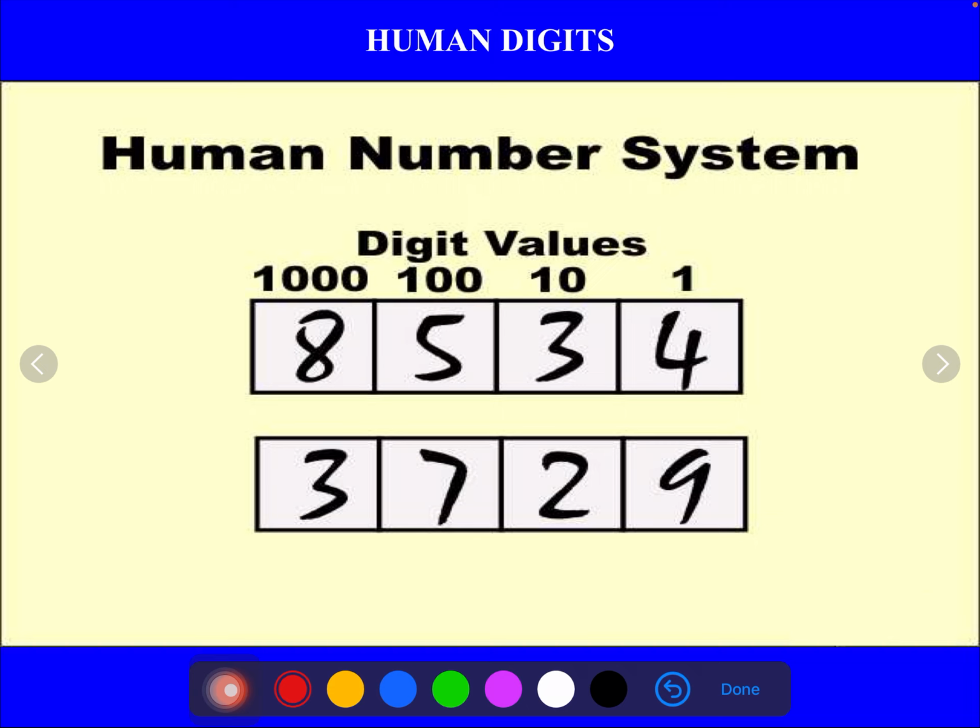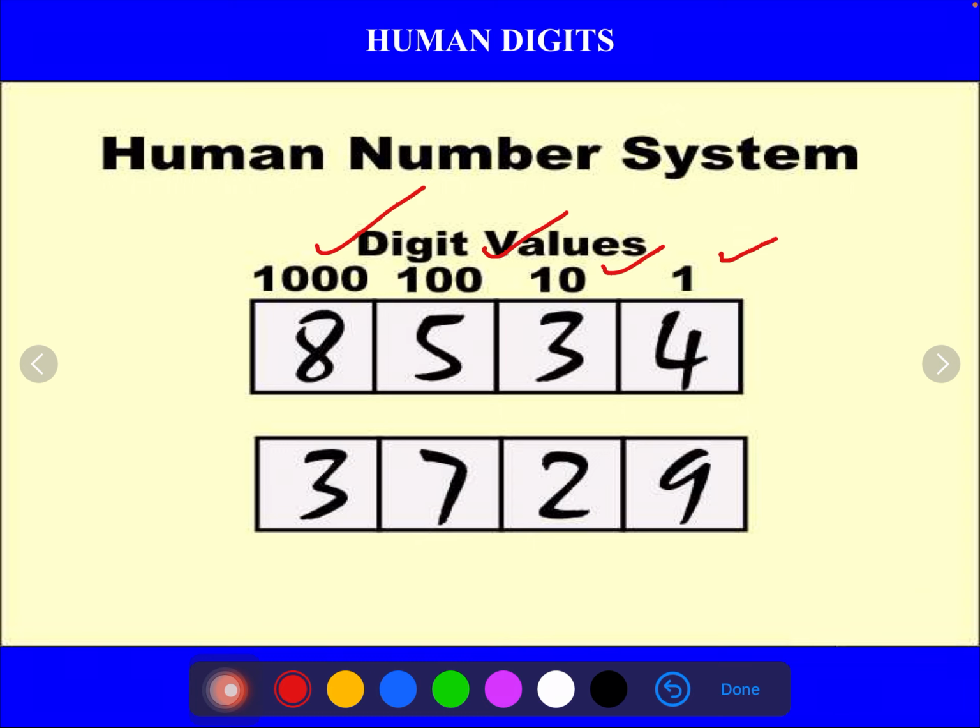Each place in a number has a value based on a power of 10. Humans refer to units as ones, tens, hundreds, and thousands. Each position has its own value in the human number system.